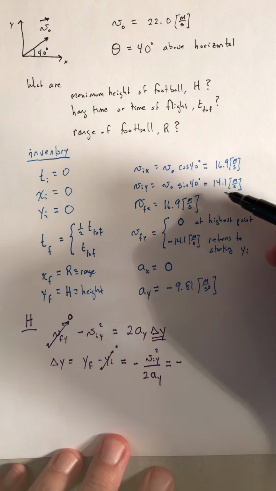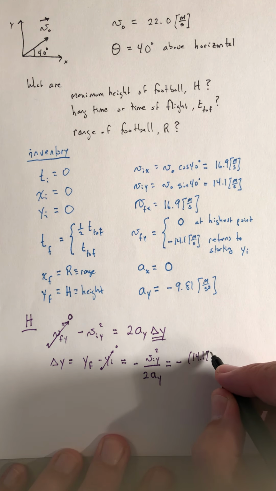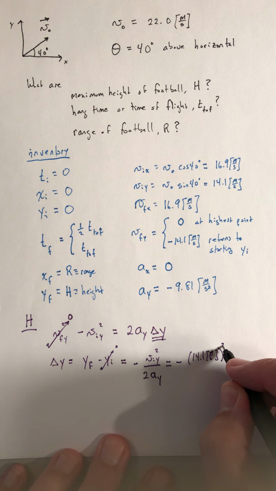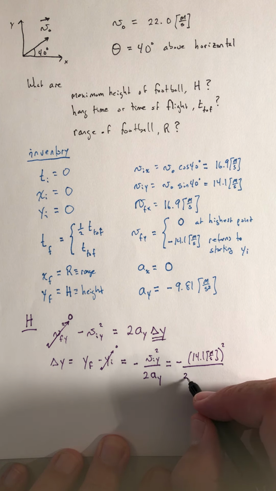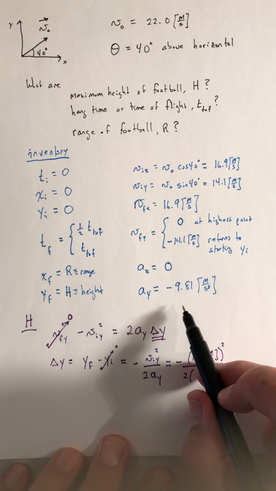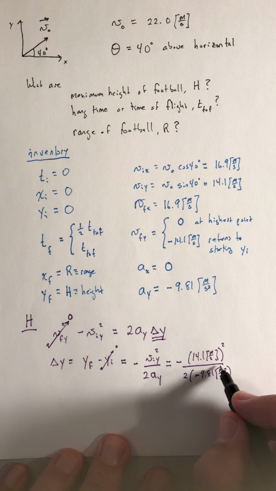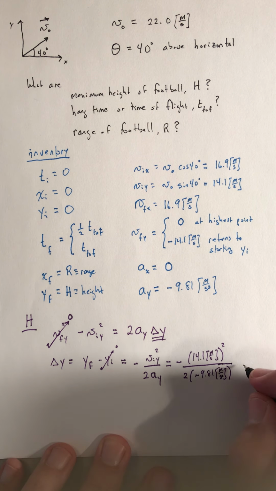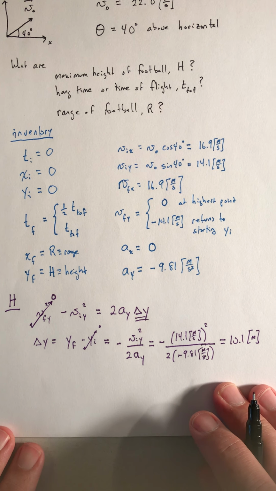VIY was 14.1 meters per second, so I'll have that squared. The denominator, I've got 2, and AY is minus 9.81 meters per second squared, and that's going to give me maximum height 10.1 meters. Okay.